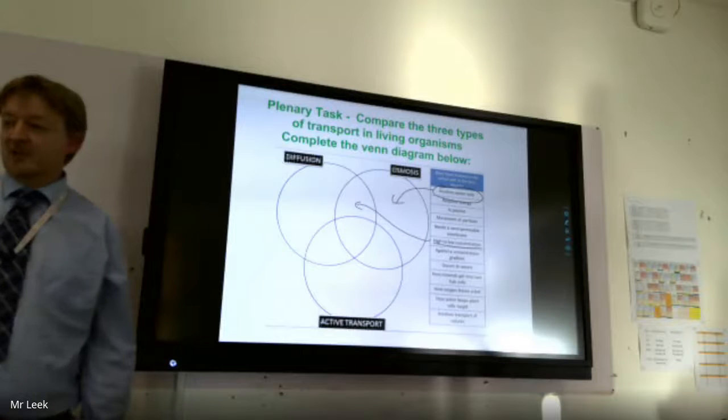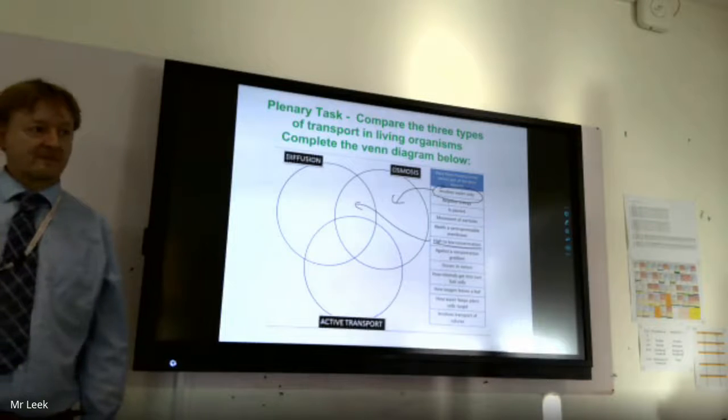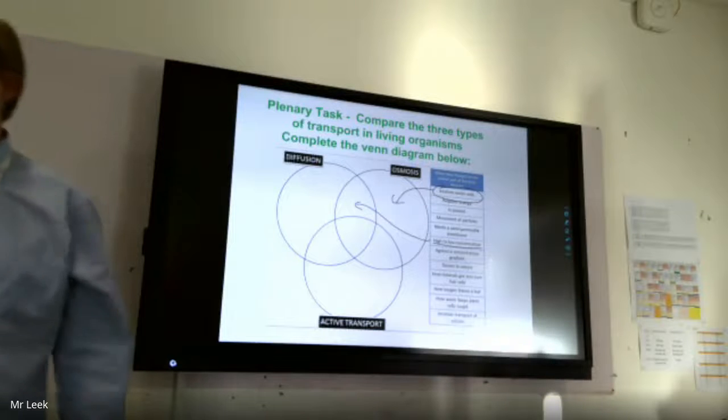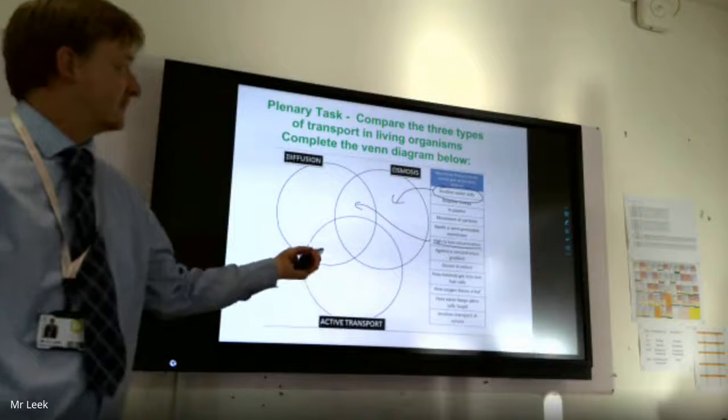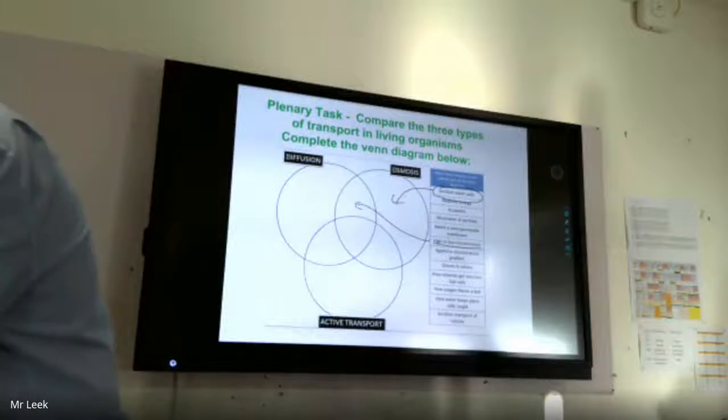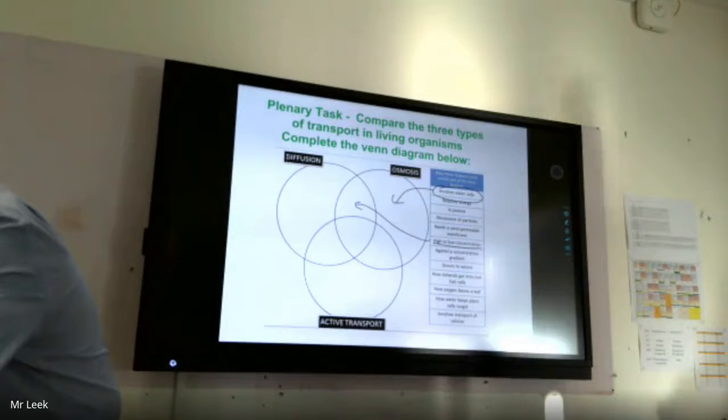Millie can't see. What can't you see, Millie? The words on the side, the table. We can't see the writing there. Is it too small? It's this small, yeah. You can see the circle. We can see everything but that table. Right, okay, I'll try and make the table bigger. Yeah, it's just a bit blurry.